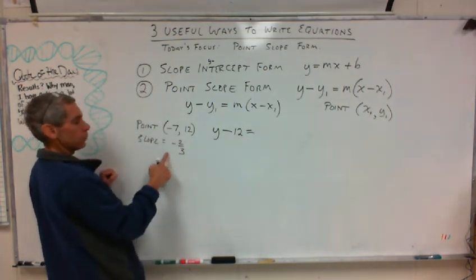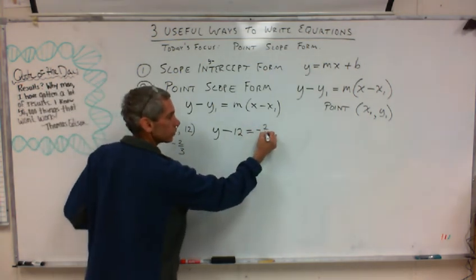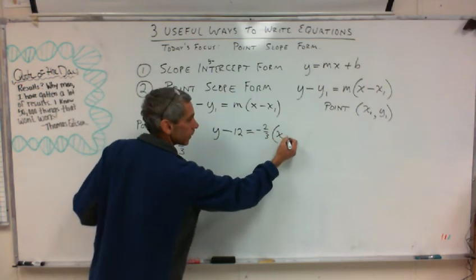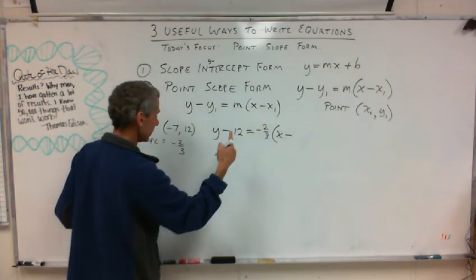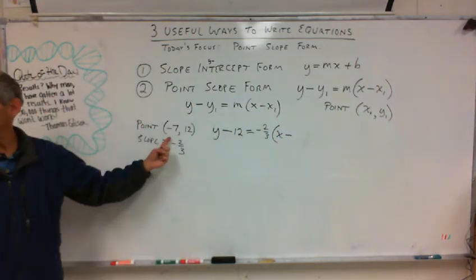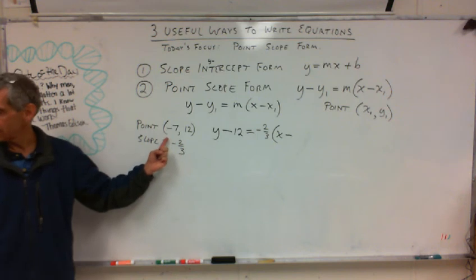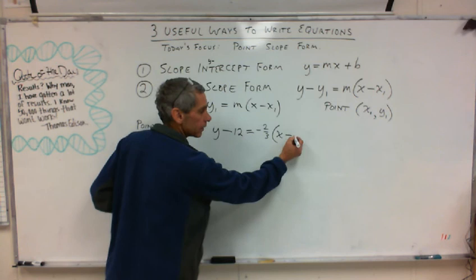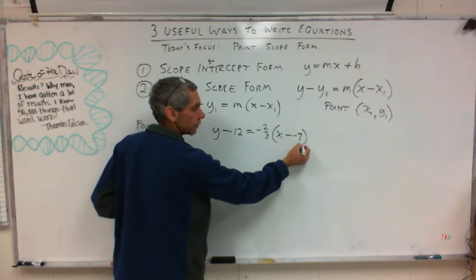Equals, my slope is -2/3, parenthesis, and then I have an x, and then I have a minus in the formula. But look, my x1 here is -7. So that means I have to write minus a -7. What's minus minus 7?